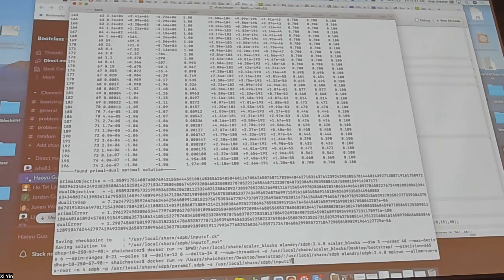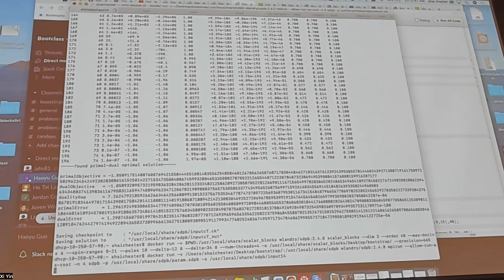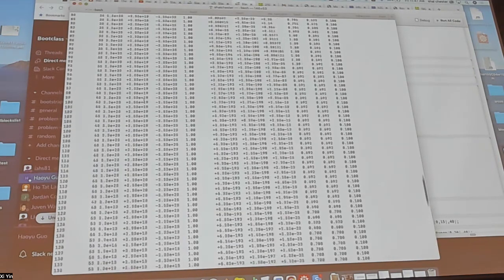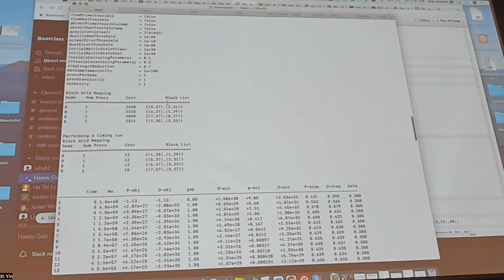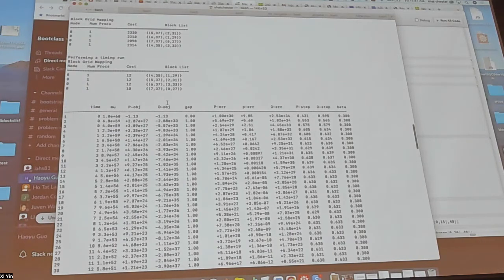The first step is you have to convert the input using something called pvm2sdp, and we're going to do that for 2 input files. Well, let me just show you what happens, since we have a couple minutes left. You first run pvm2sdp, where the commands are written in the lecture notes, and they're also written here. And then afterwards you run sdpb, and let's show what happens in each case.